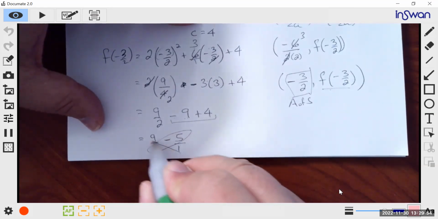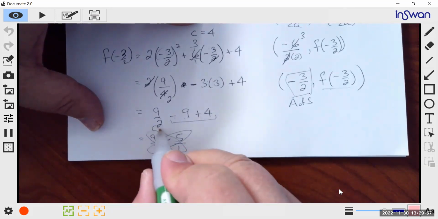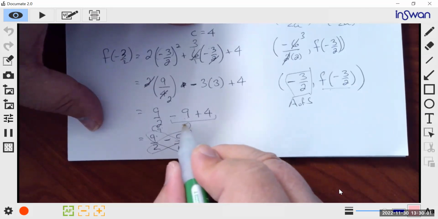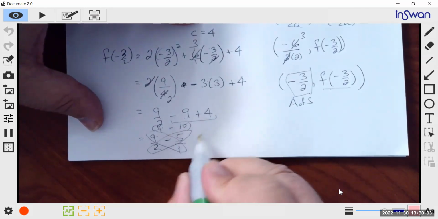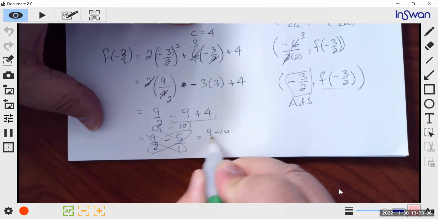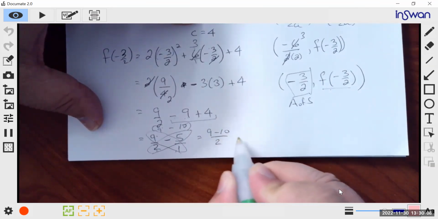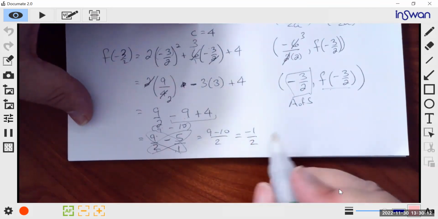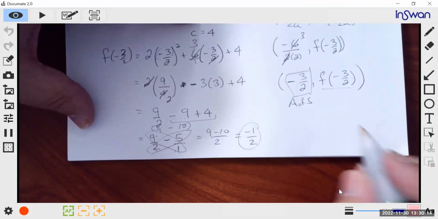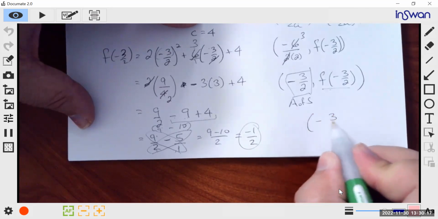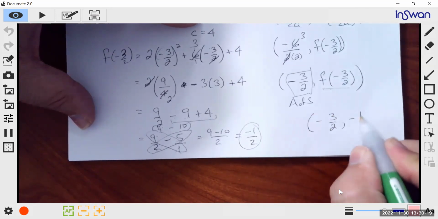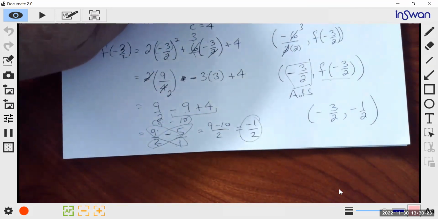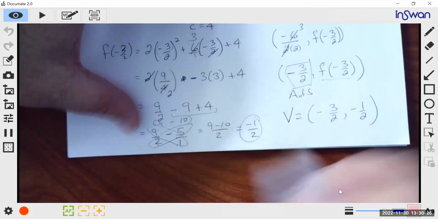We could do the butterfly. 9 times 1 is 9. 2 times 5 is 10. It's minus between there. 2 times 1 is 2. And the y value is negative 1/2. There's your vertex.